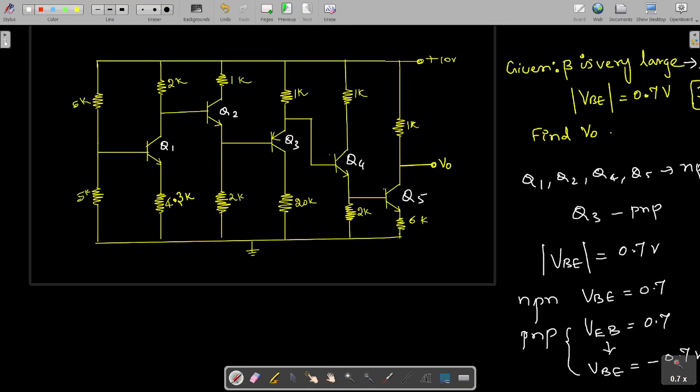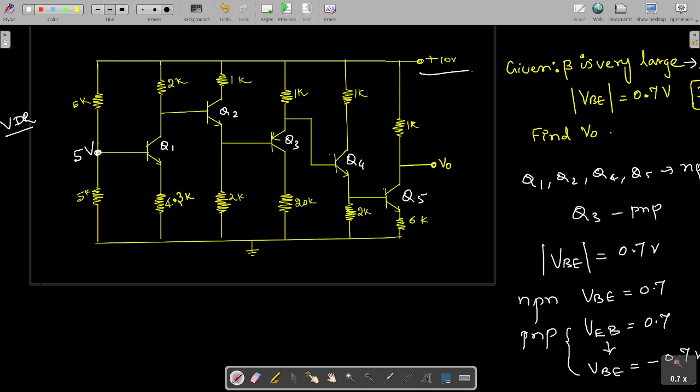Since a 10 volt supply is given here, VCC is 10 volts. So how much would be appearing here? We can use the voltage divider rule, VDR, or by looking at this we can immediately say that as these two resistances are equal, 5 volts will be appearing at this point.